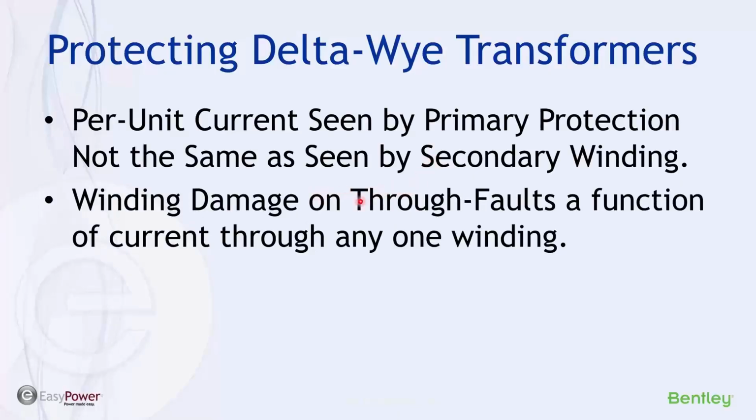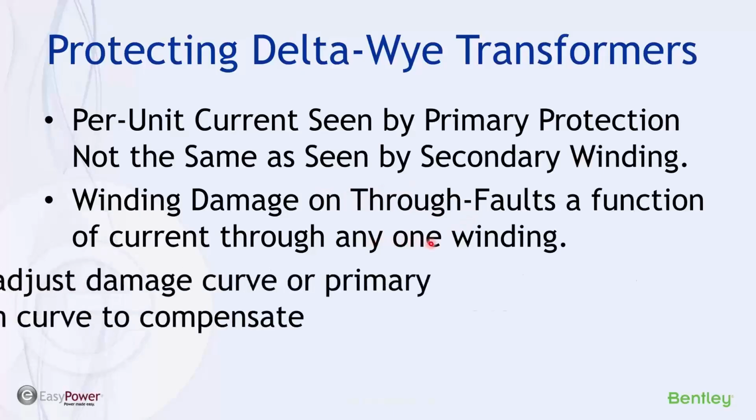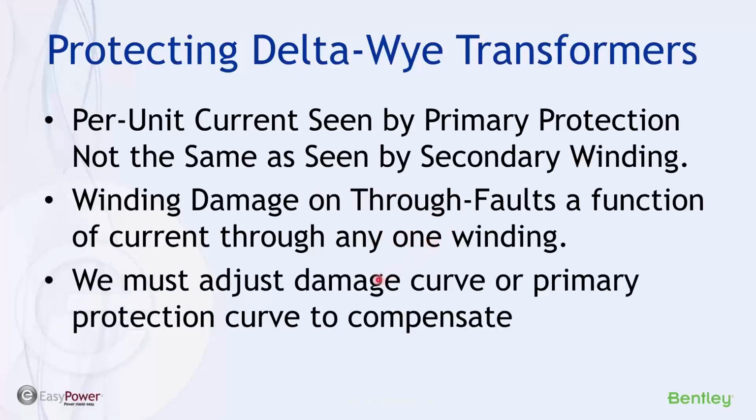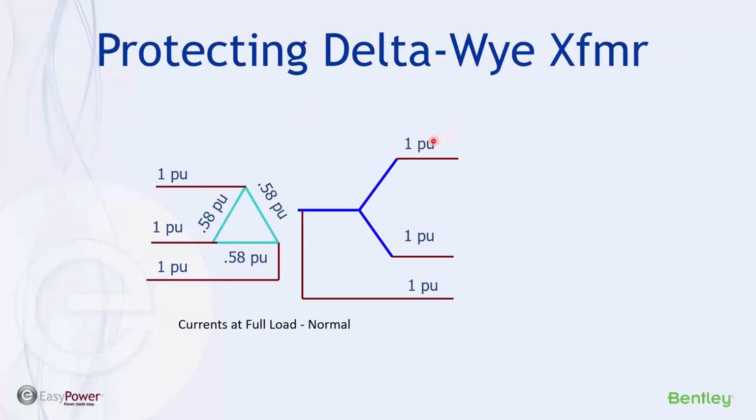And again, winding damage on through faults is a function of through current on any one winding. So we must adjust the damage curve to take into account this difference in per unit current seen between the primary and the secondary. If you look at the way a delta system is connected, there's no ground connection on the primary side.